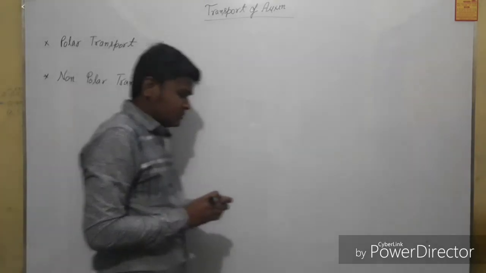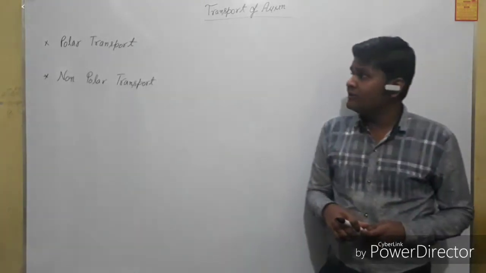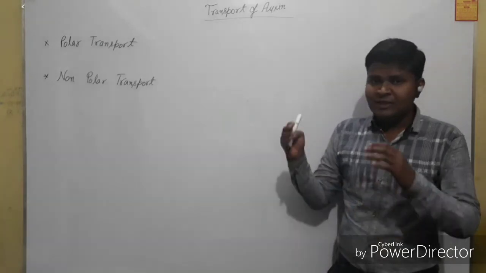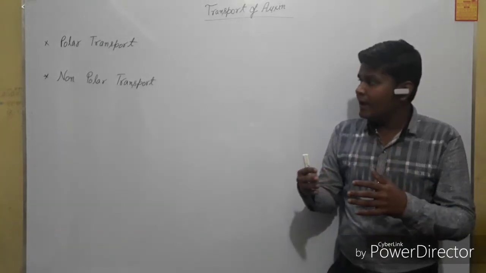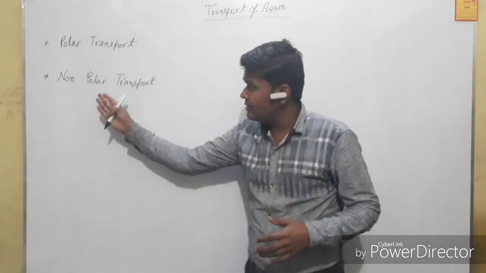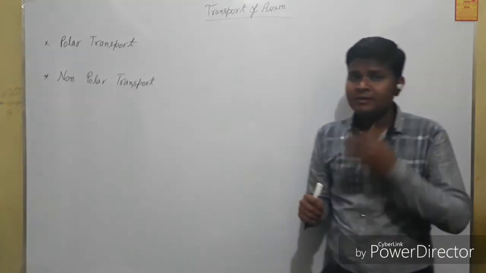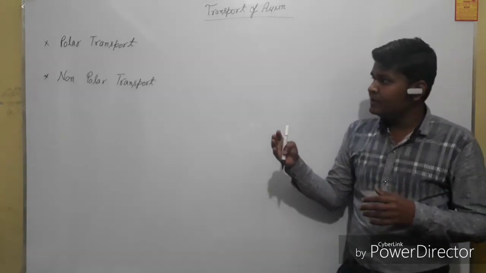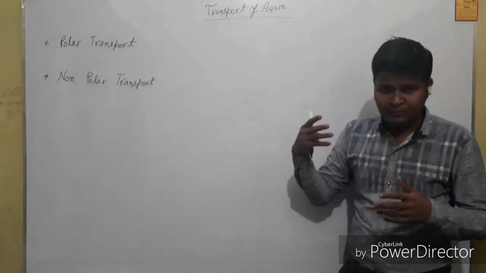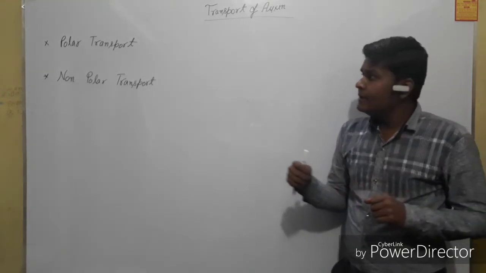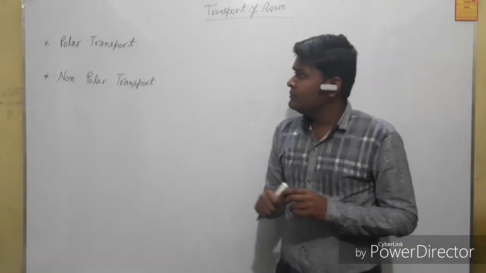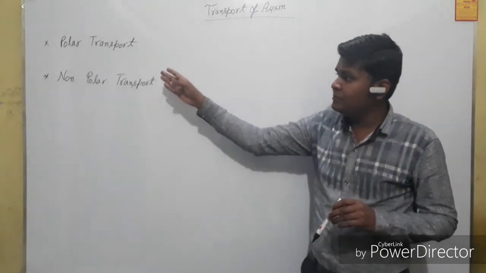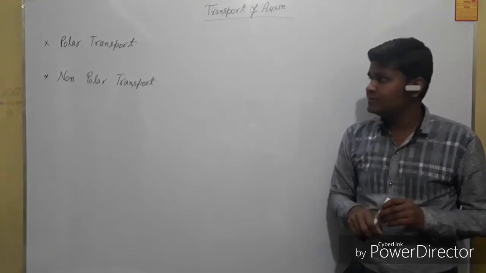In polar transport, the Auxin is transported in a cell to cell manner, and in non-polar transport, Auxin travels with the help of phloem. Now we will discuss briefly the non-polar and polar transport of Auxin.